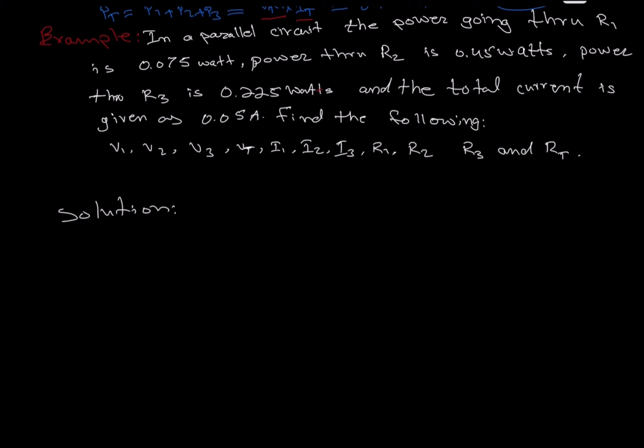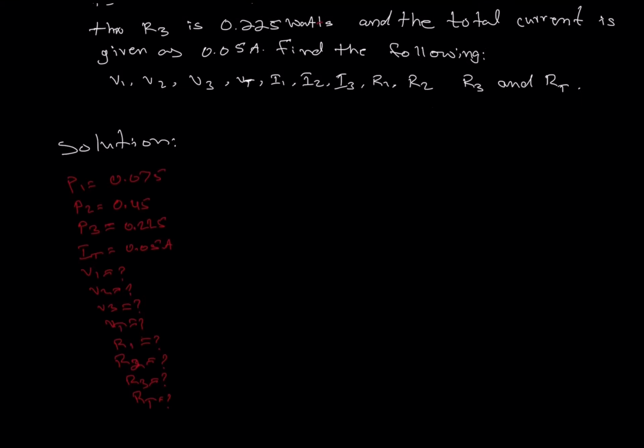Okay, so this is kind of tricky. These are the values that are given, and these are the values they are asked for. This circuit is a little bit challenging because only power is given, and we don't have anything other than the amperage of the total current.